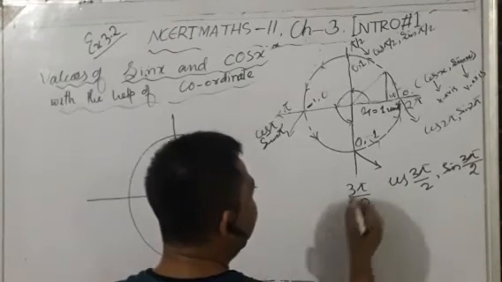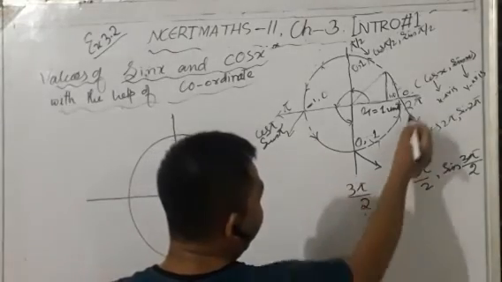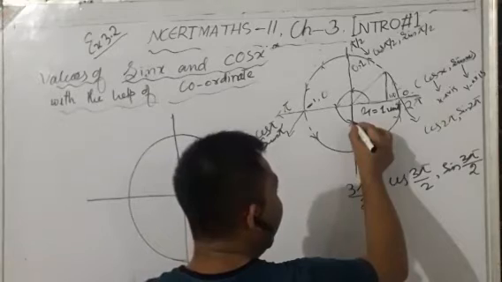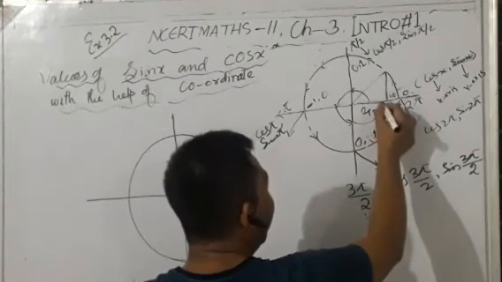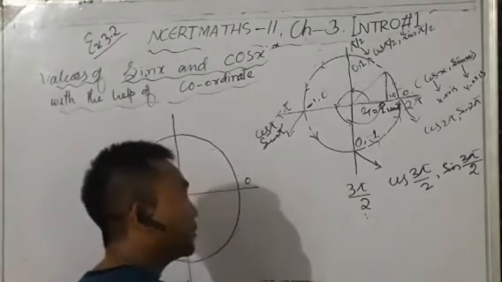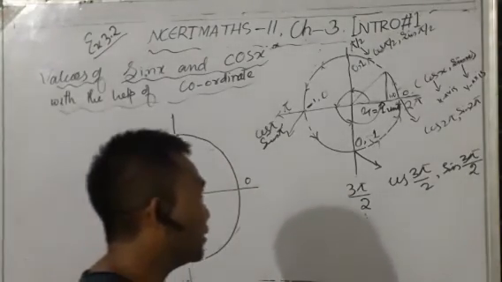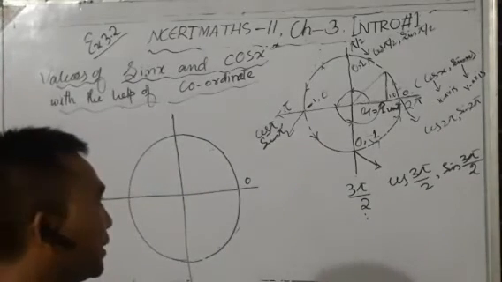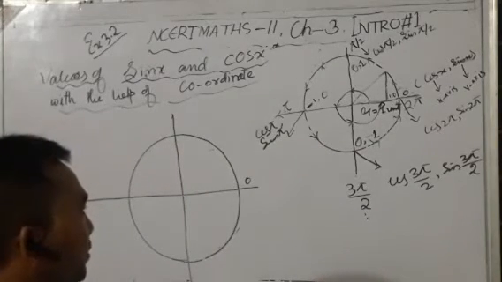And then 3 pi by 2 plus pi by 2, so we get 2 pi. That means up to here it is completing one rotation. One complete rotation is equal to 2 pi, that means 360 degrees. I hope you understood this part.